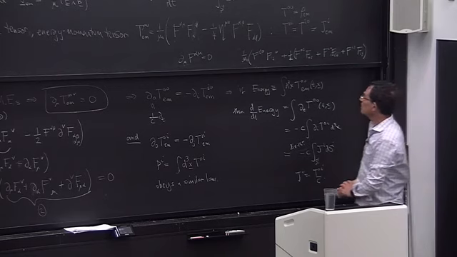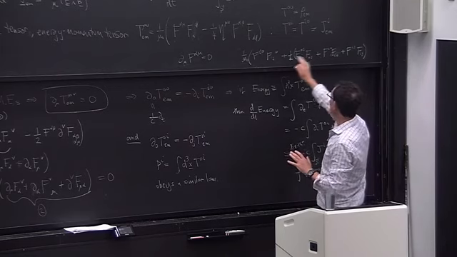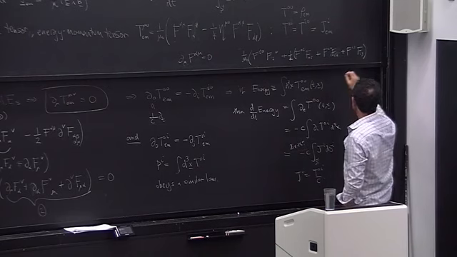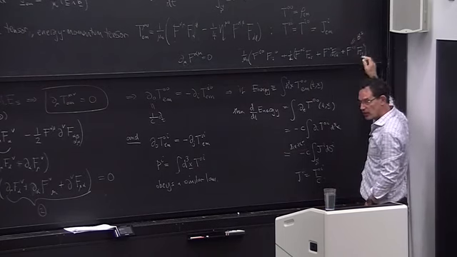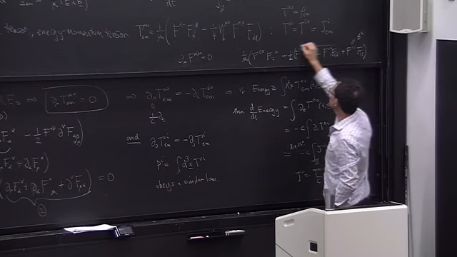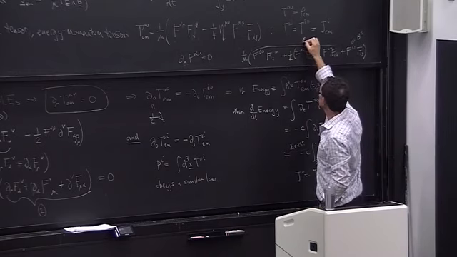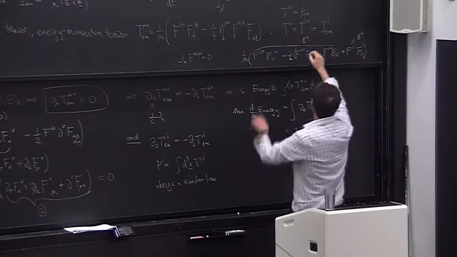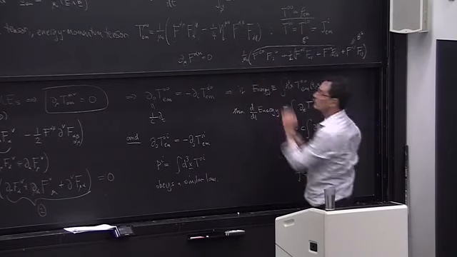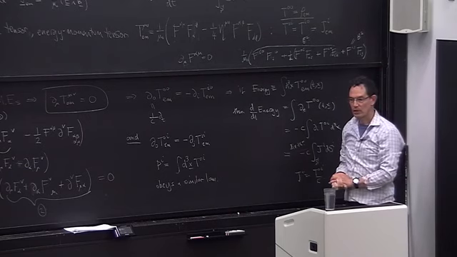Okay, so when you combine these terms, this one is essentially going to give you B squared. Remember, Fijk was Bk. And all of these terms are going to give you E squared. And so we get this equation up here. Okay?